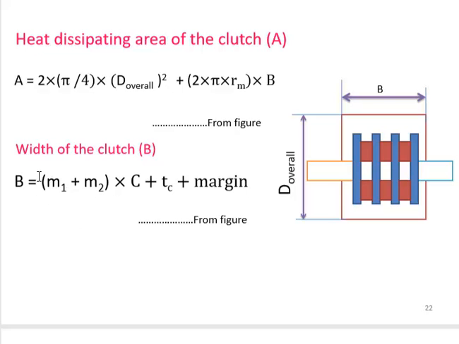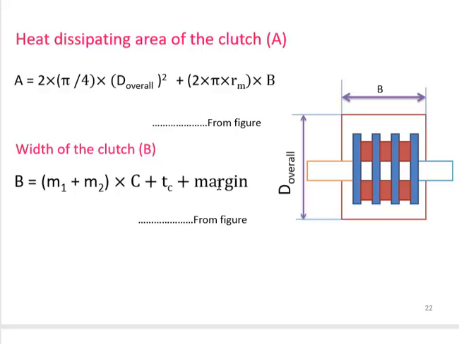Now to find out the width of the clutch, we need to find out how many discs are present in the clutch. We can see that the disc of the clutch can be identified by adding m1 plus m2 and considering some clearance in between them. We need to take care of the thickness of the casing and some margin between the casing and the plates.